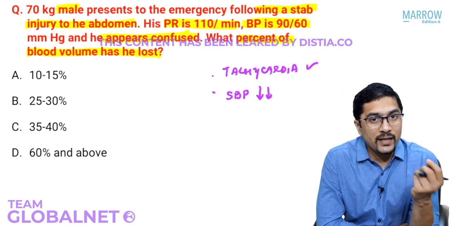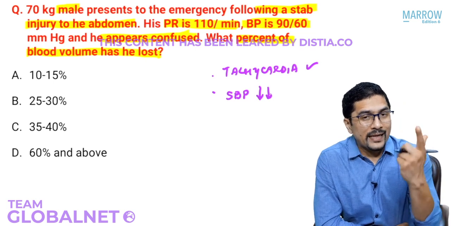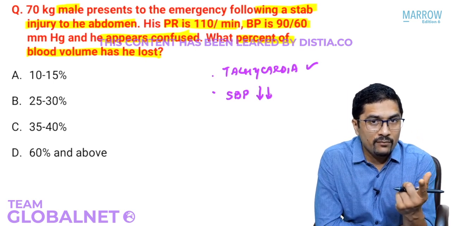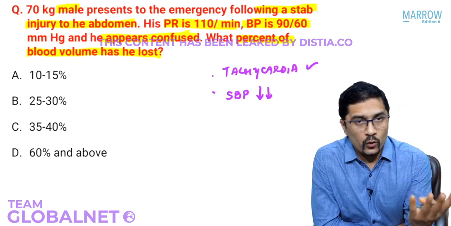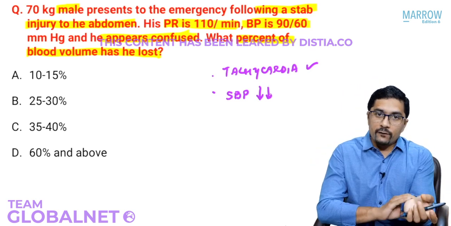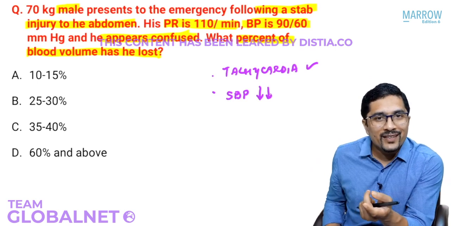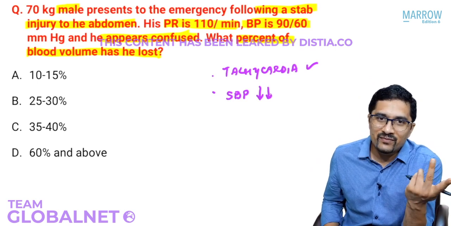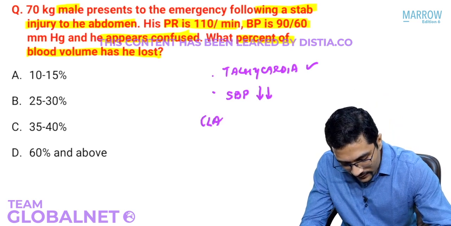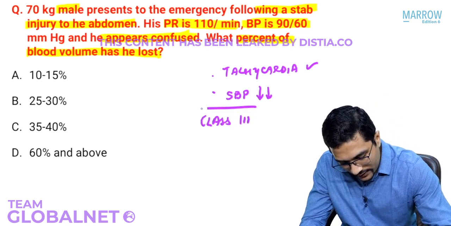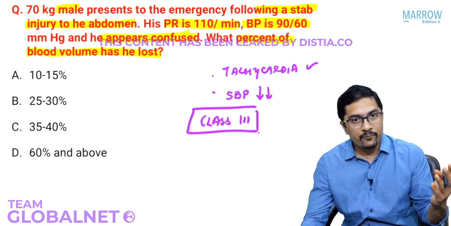So when does systolic BP fall for the first time? In class 3 shock. Why isn't this class 4 shock? Because you can still feel the pulse, you can still record the BP. It is not non-recordable, right? So this would be class 3 shock. And class 3 shock, again remember the scoring of a tennis game.